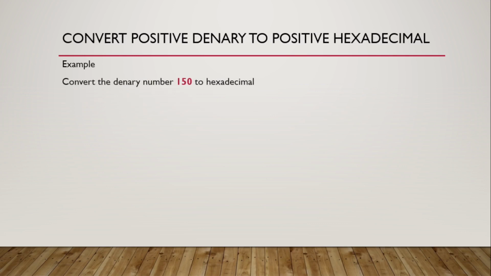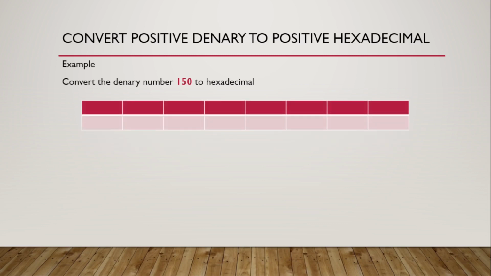We have to convert the denary number 150 to hexadecimal. So we go ahead and do our conversion. Our normal conversion is nothing new to your other stage, so I have just gone ahead to perform the conversion without any strenuous set of steps.